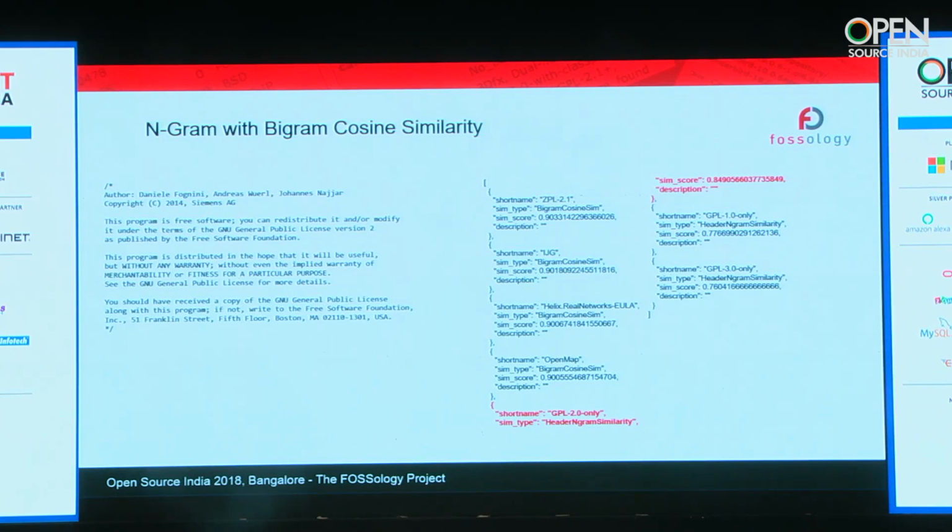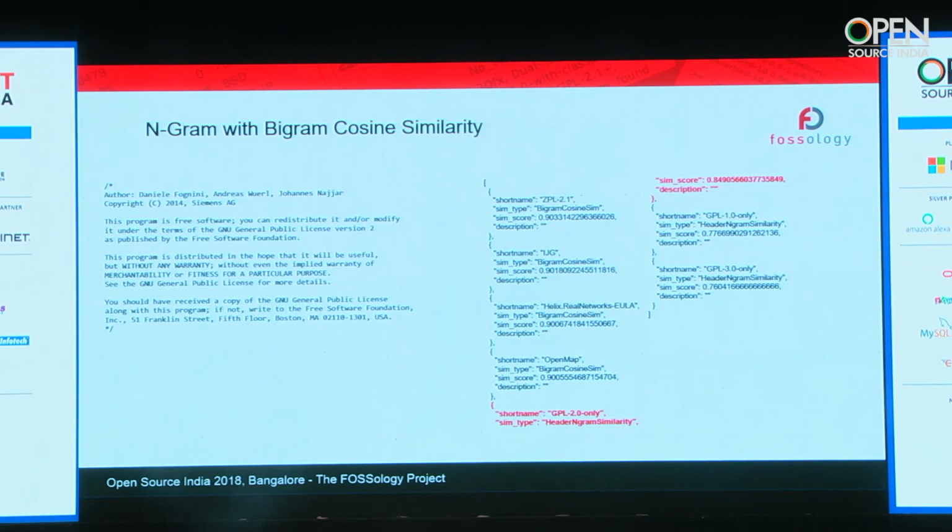If you are choosing normal cosine similarity, you get that, just to identify which kind of similarity was applied. Then the similarity score, scaled from 0 to 1. And as you can see, the scan output from the actual bigram cosine similarity is different, but we also have a header n-gram similarity.